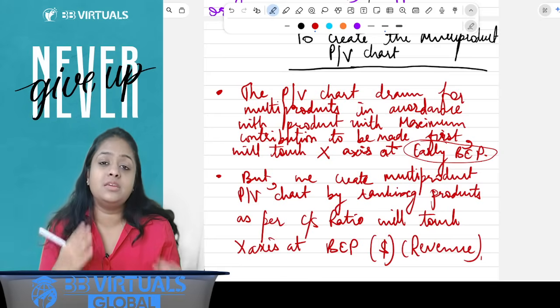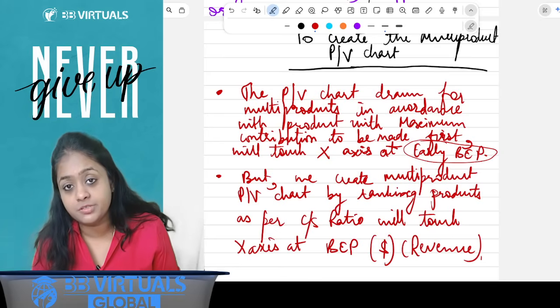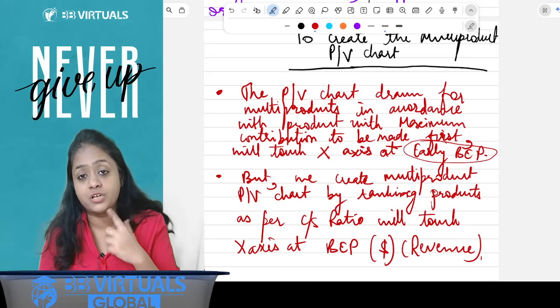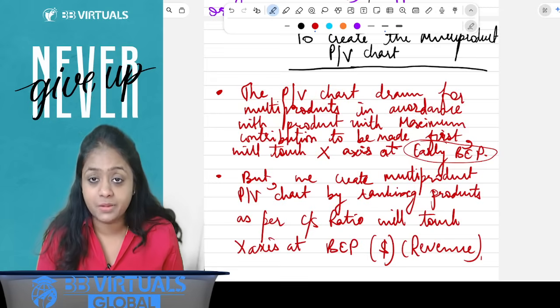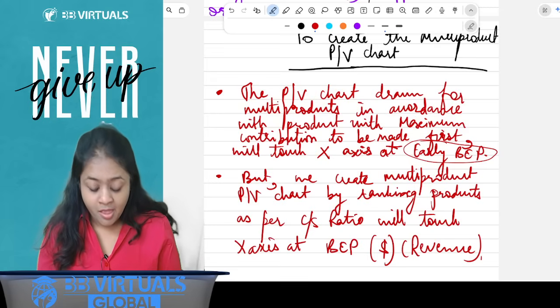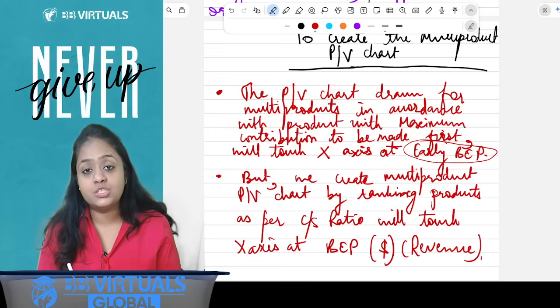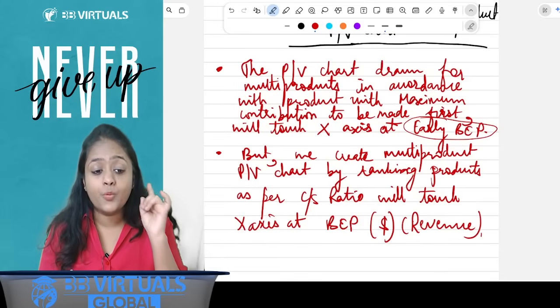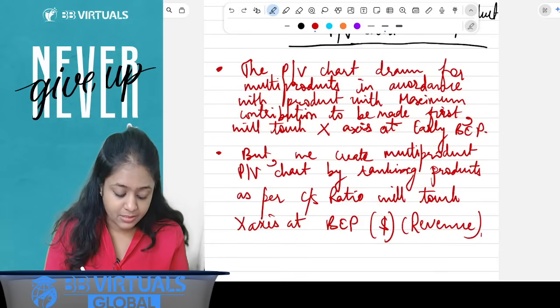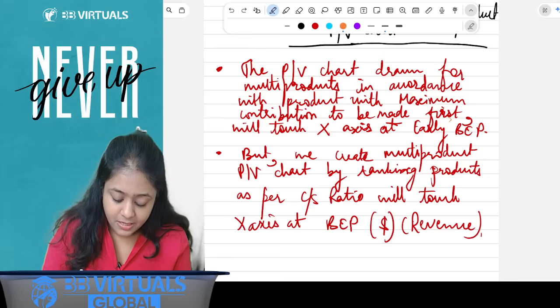Obviously here we are aiming at maximum contribution, so the units are sold first for the products with maximum contribution. So they will give rise to an early break-even point. Always remember that they will give rise to an early break-even point.